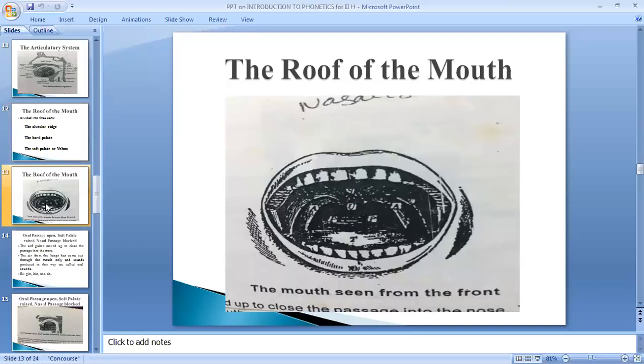Look at this picture. This is the roof of the mouth. This is the alveolar ridge. This is the hard palate. And at the end of the mouth is the soft palate or velum.